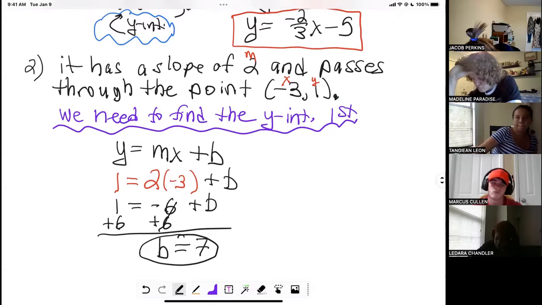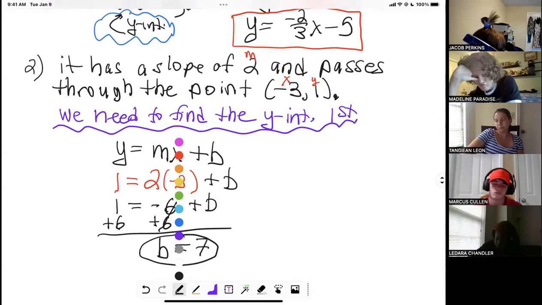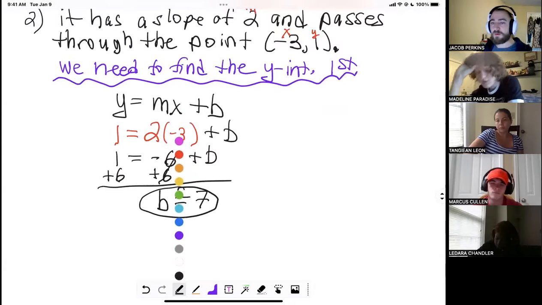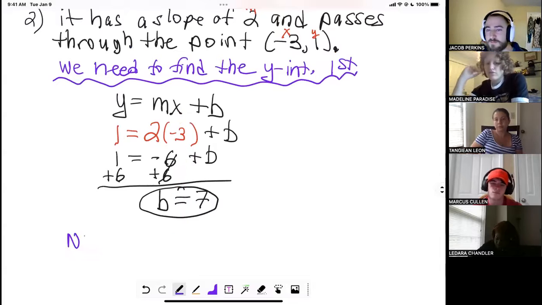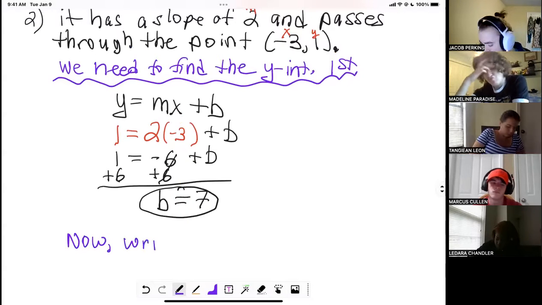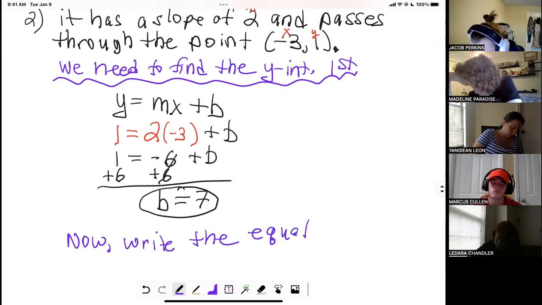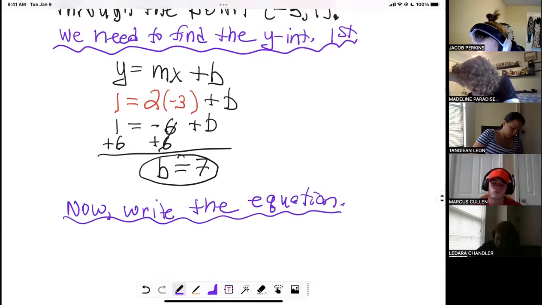That's what I needed, the y-intercept. Now we're done. All we got to do is write the equation. So we find the y-intercept, now write the equation. First, find the y-intercept, then write the equation.